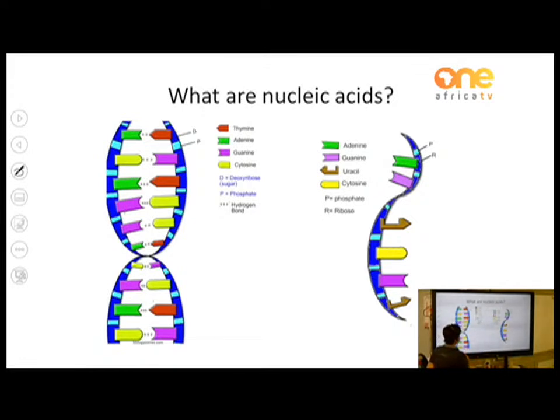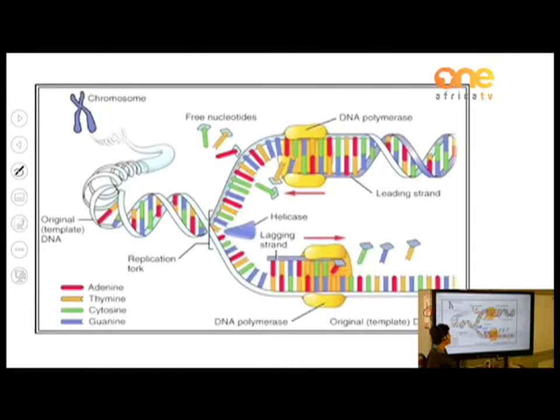Then I also see that there is a uracil instead of thymine. That is important to remember. I see that the sugars differ: ribose sugar and deoxyribose sugar. The difference is this large DNA cannot leave the nucleus. This one is small enough to leave the nucleus.